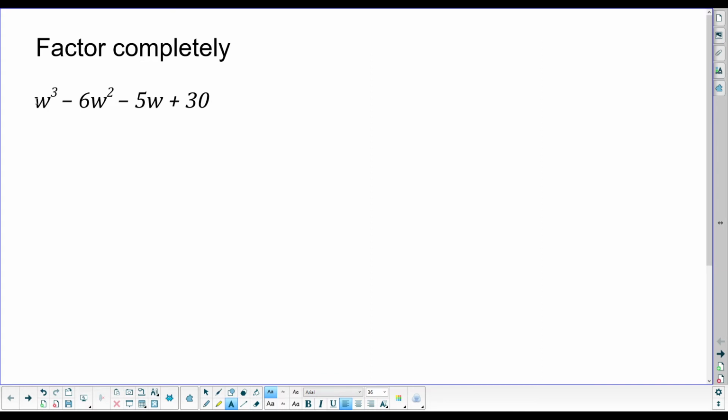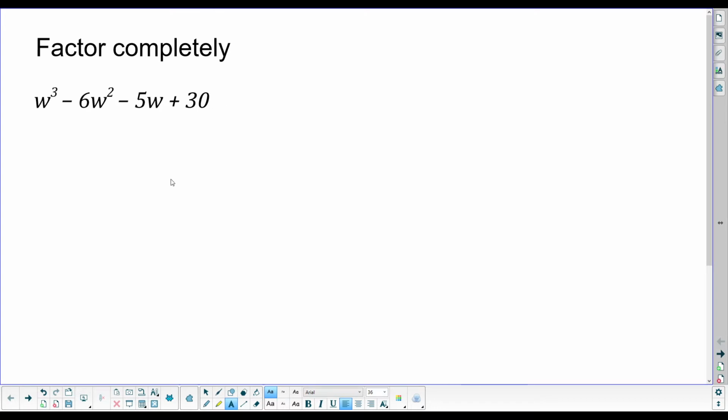I have W cubed here, but there are no W's down here on the constant term. There's a 30 here, and the factors of 30 are 5 and 6, two of them. Here we see a 5 in this one, here we see a 6 in this one, but there's no number here. So there's no common factor that I can take out of all of these.